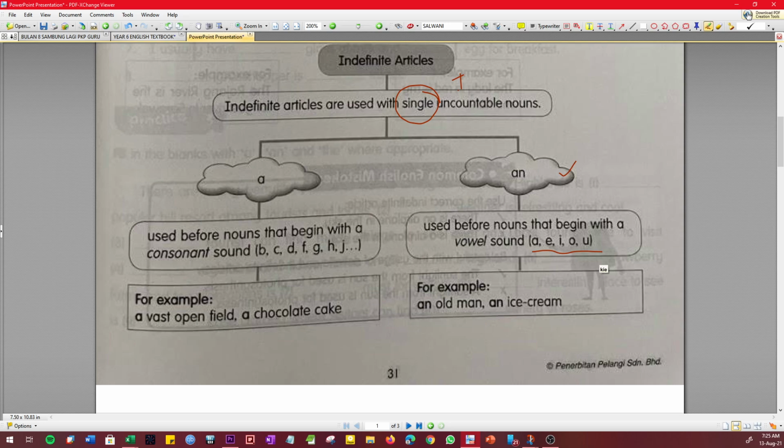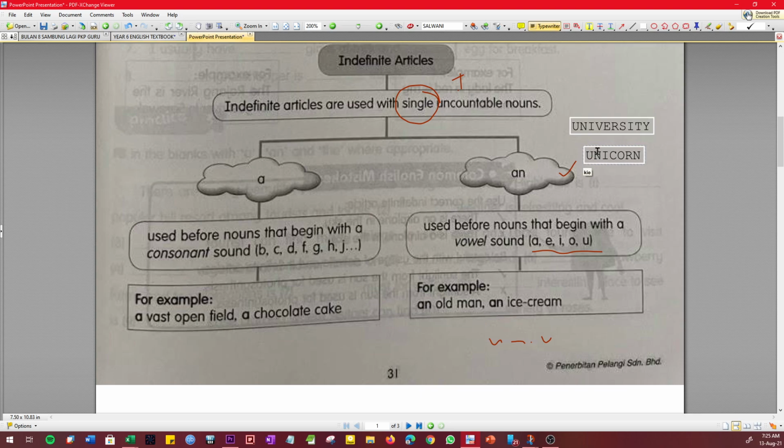For example, university. So a university. Why not an university? Because the U sounds like Y. Other than that, what are the other words where U sounds like Y? Unicorn. Right? Unicorn.